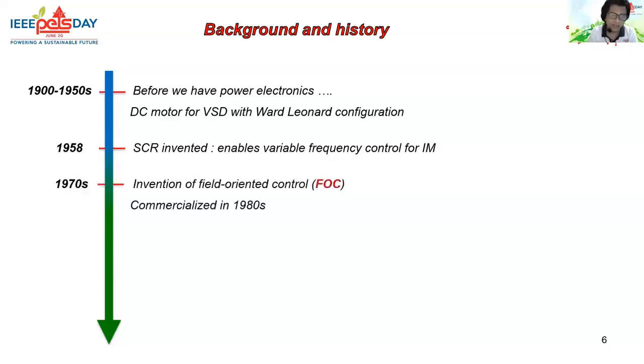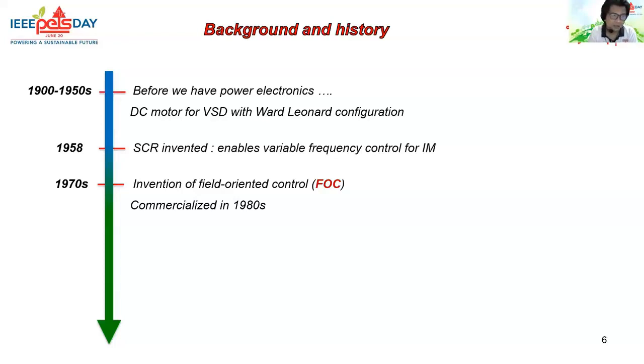However, during those times, when the inverter was invented, and not until the 1970s when field-oriented control was introduced, high performance applications were still dominated by the DC motor, because there was no way that we could decouple the torque and the flux at that time.